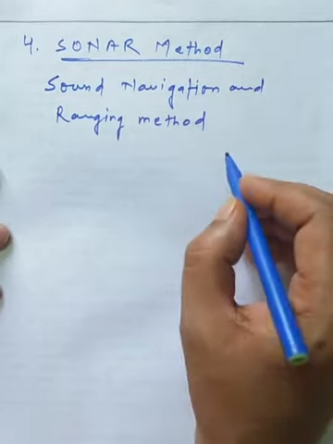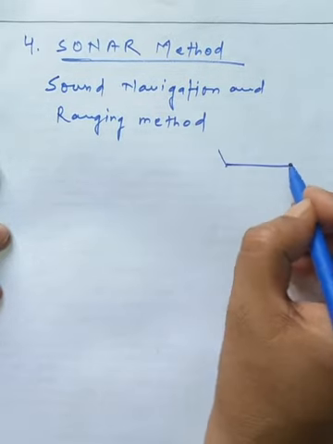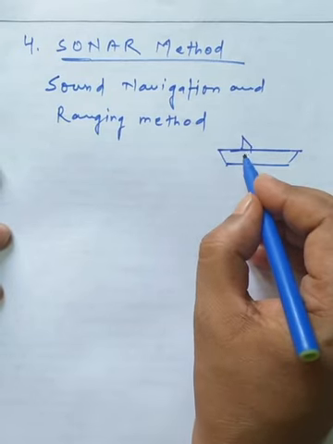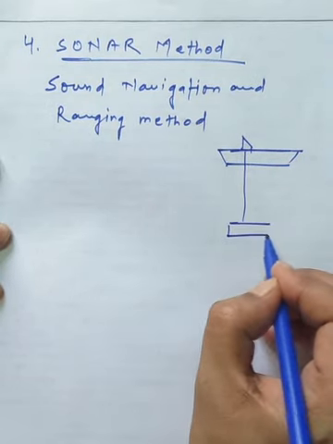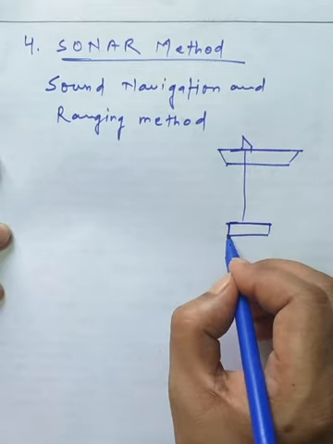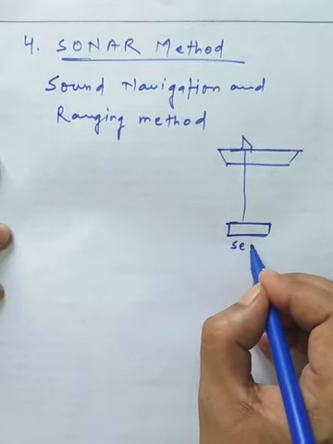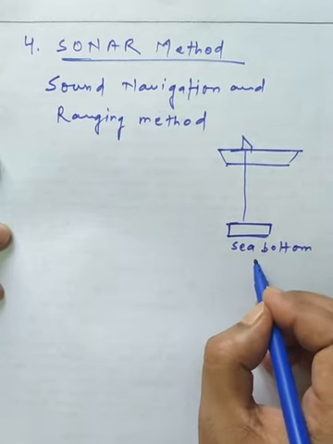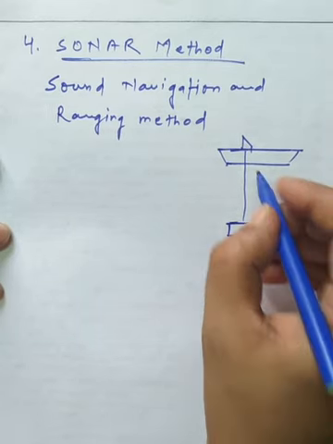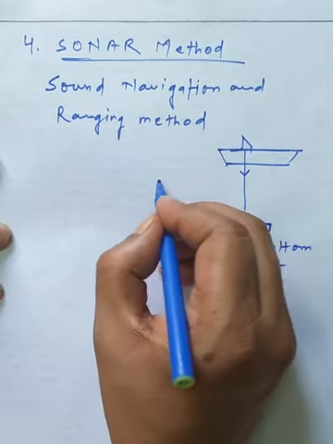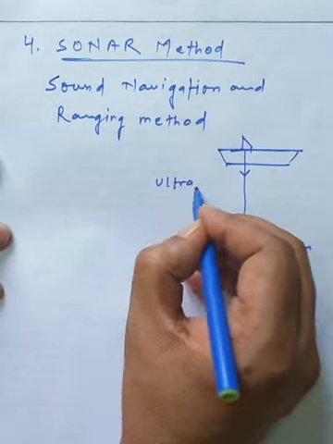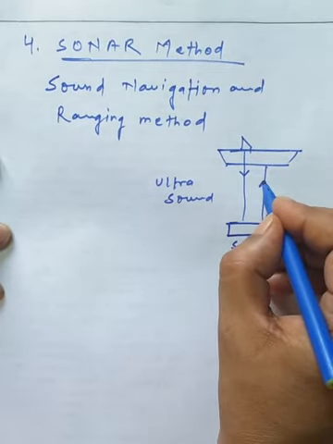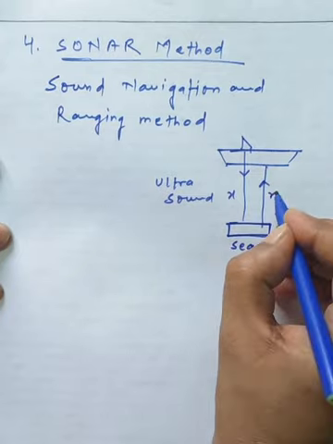Generally its basic use is to find submerged objects that lie at the bed of the sea. Now this is the bed, that means the bottom part of the sea. With the help of the transmitter we send the ultrasound, and further we receive it. This one is x and this one is x.